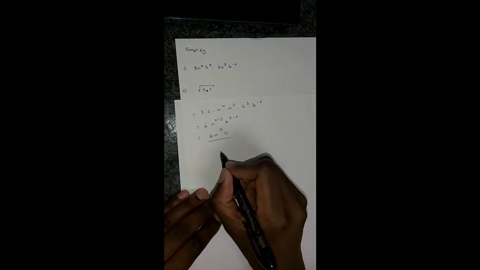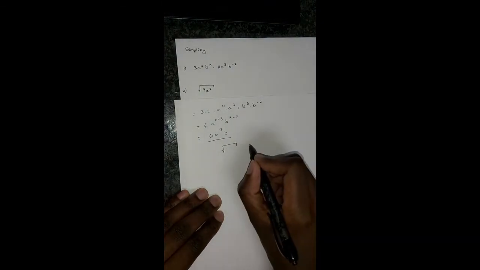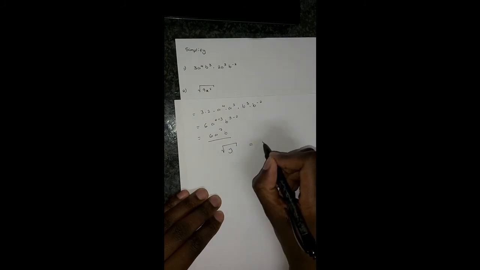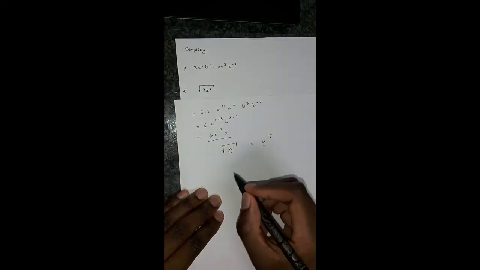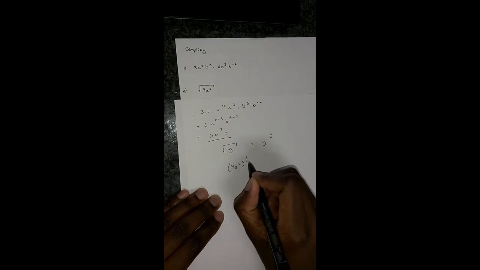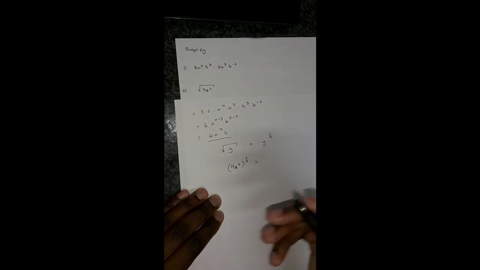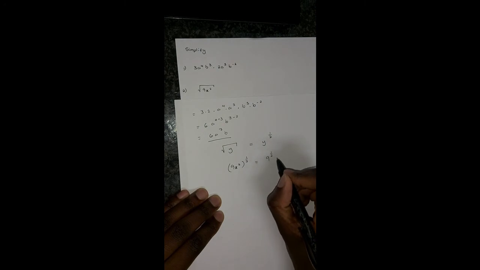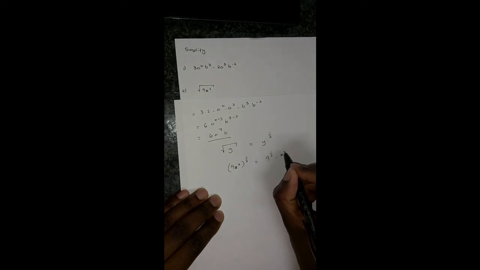The square root of y is equal to y to the half. So basically what we have here is 9x squared, everything to the half, which from the laws translates to 9 to the half times x squared to the half.